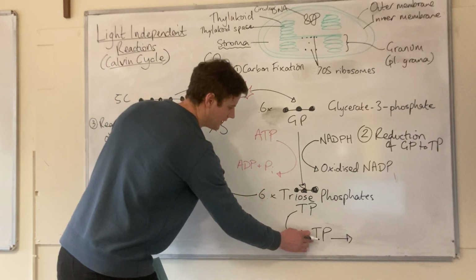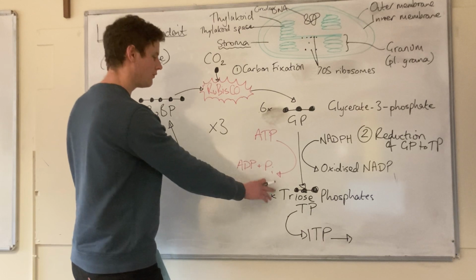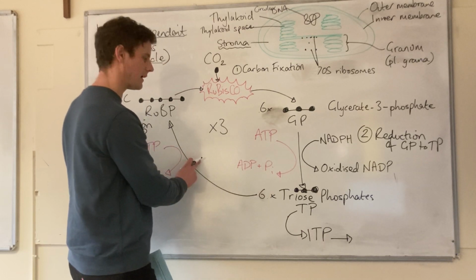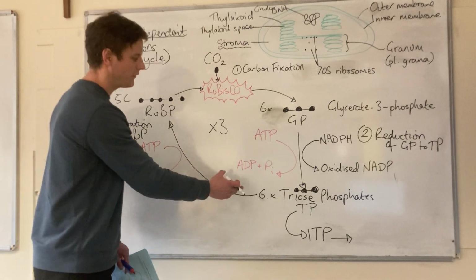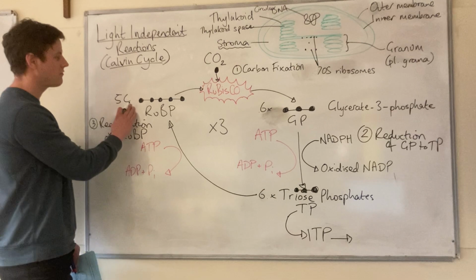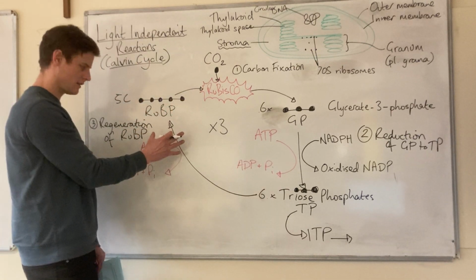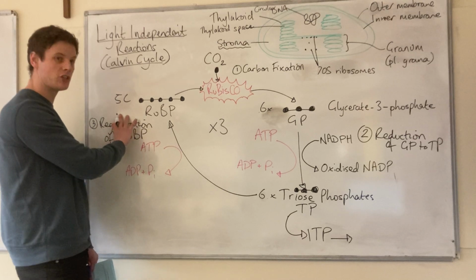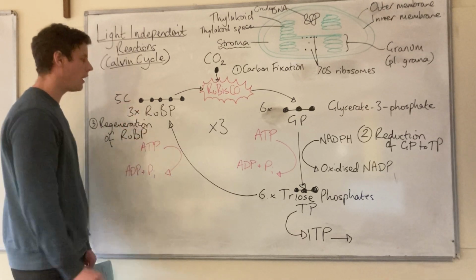One of the triose phosphates has disappeared, meaning we've now got 5 triose phosphates that are going back here. 5 times 3 is 15, or 3 times 5. So 5 triose phosphates are used for the regeneration of 3 RuBPs.